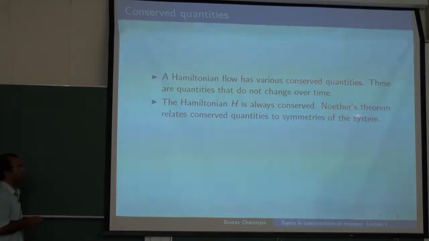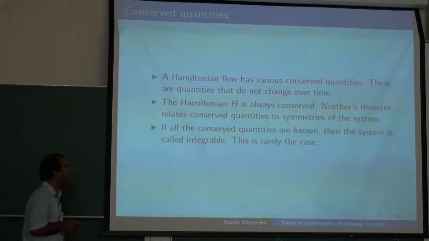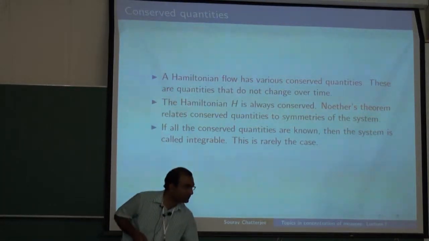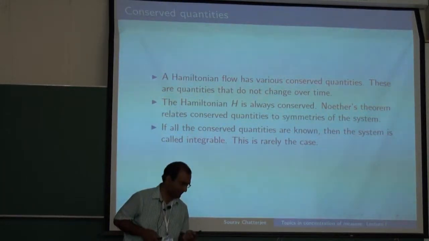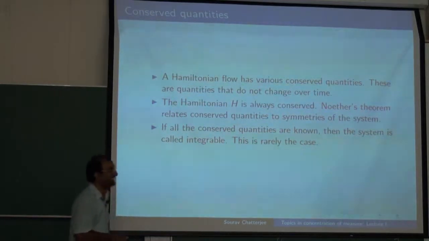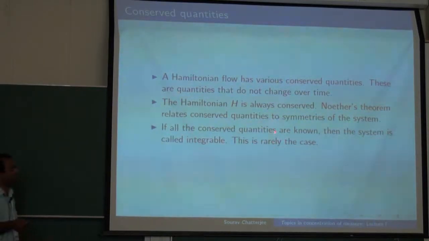And you have this famous Noether's theorem, which relates conserved quantities to symmetries of the system. And if all these conserved quantities are known, then that is one notion of integrability, so the system is integrable. It is rarely the case that you know all the conserved quantities, but often you know some of them.